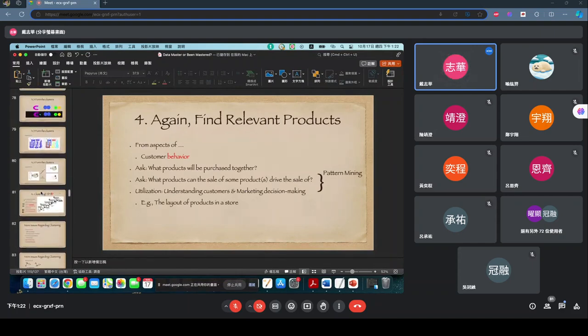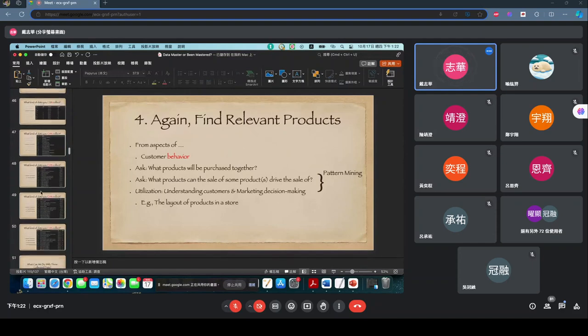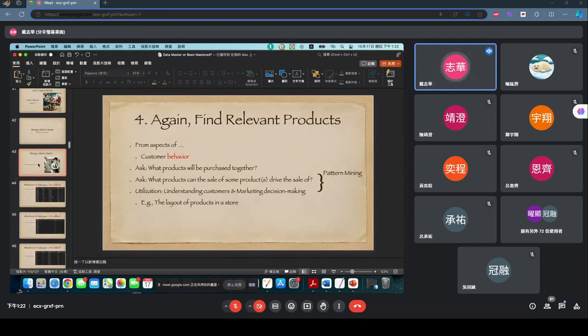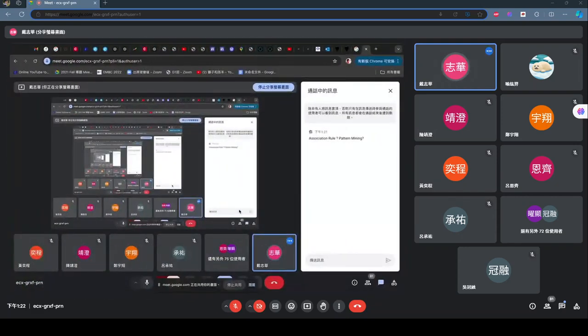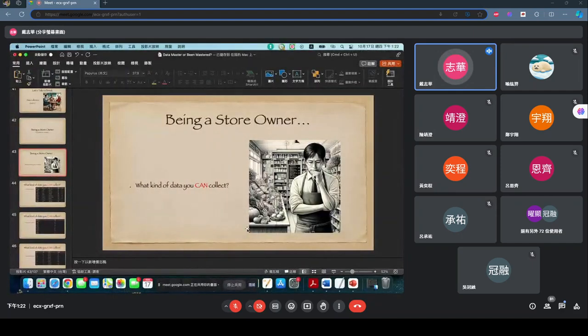Okay, then let's start again from assuming that we are store owners. So we can collect the data we need.